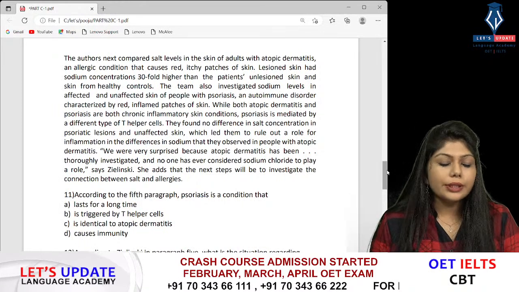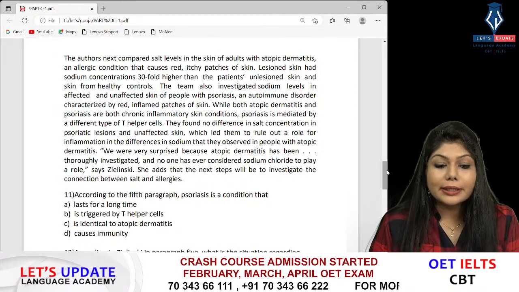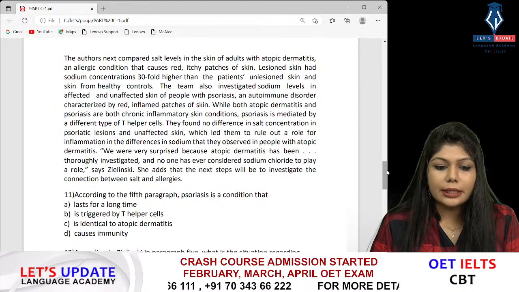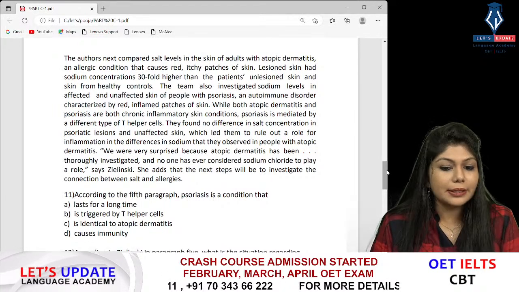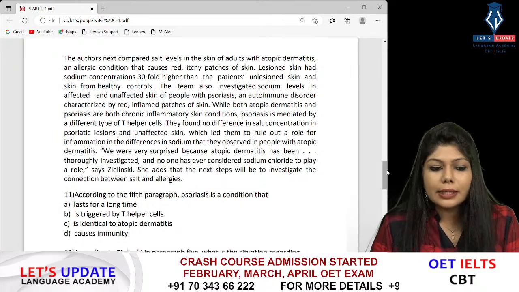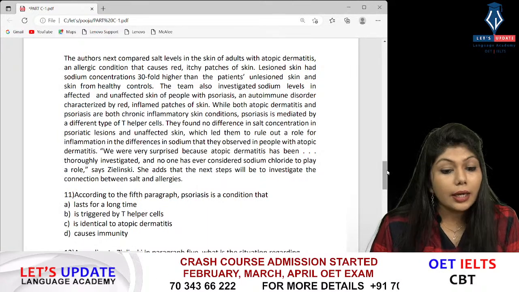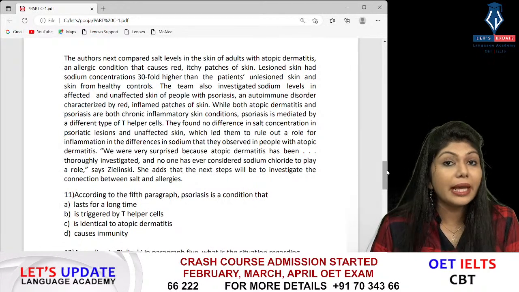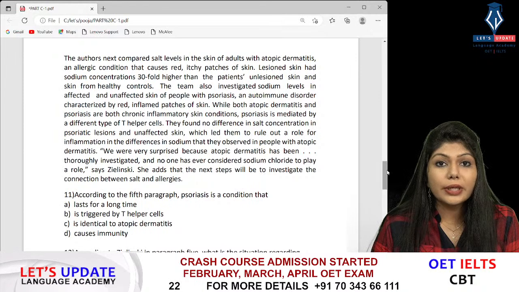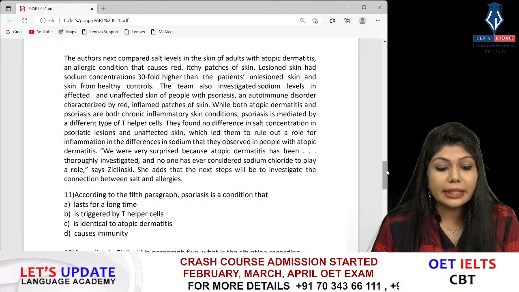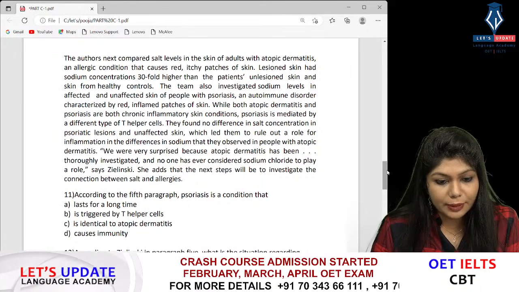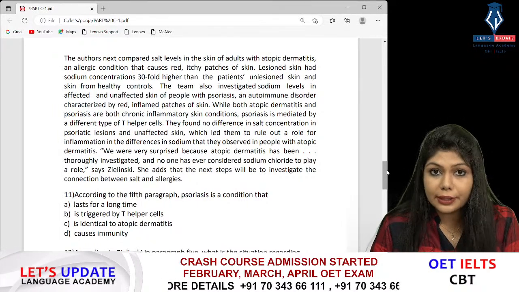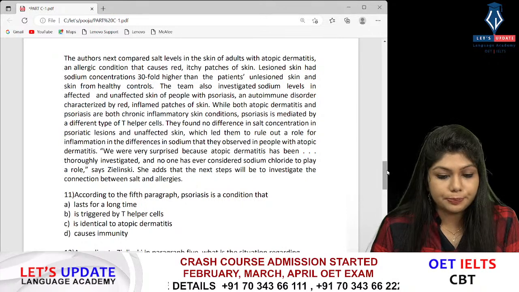The authors next compared salt levels in the skin of adults with atopic dermatitis, an allergic condition that causes red, itchy patches of skin. Patient skin has sodium concentrations 30-fold higher than the patient's unlesioned skin and skin from healthy controls. The team also investigated sodium levels in affected and unaffected skin of people with psoriasis, an autoimmune disorder characterized by red, inflamed patches of skin.